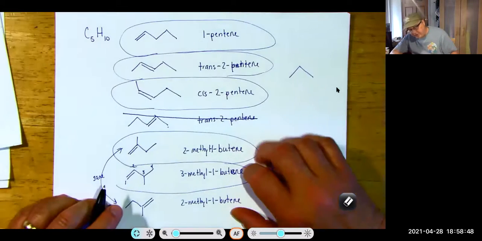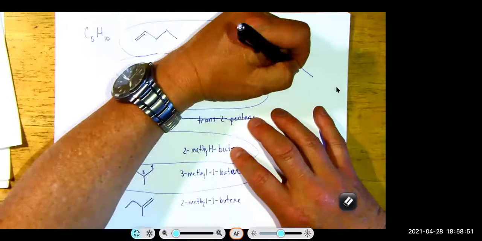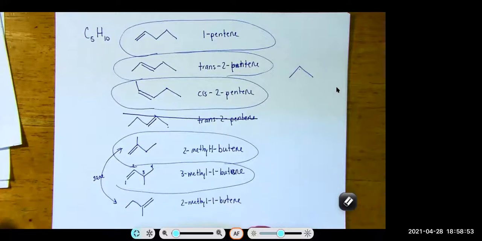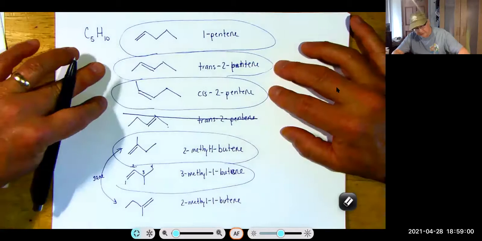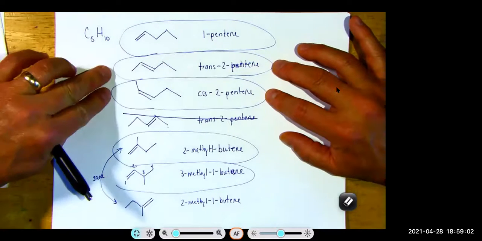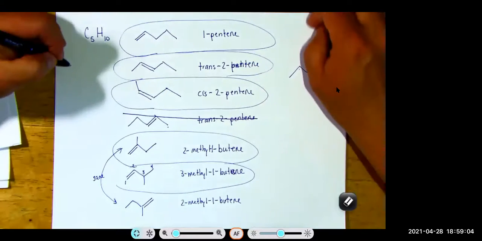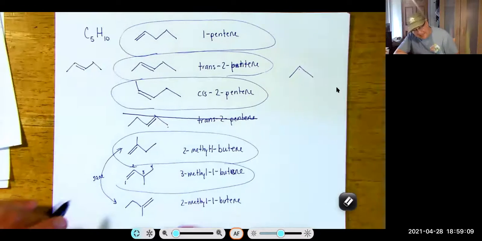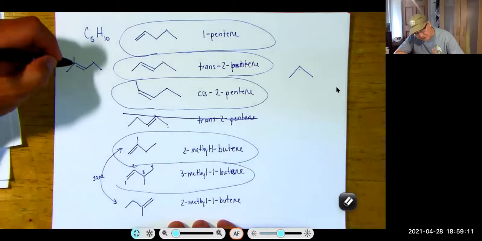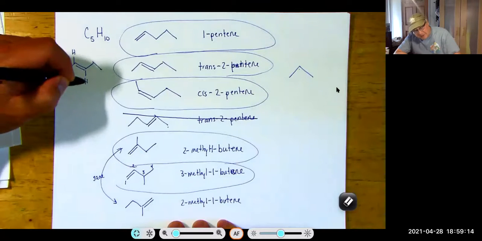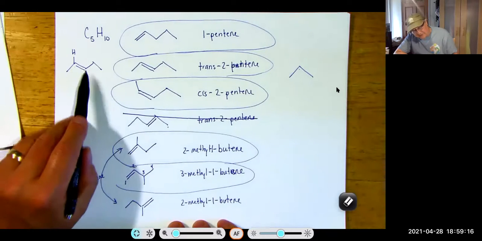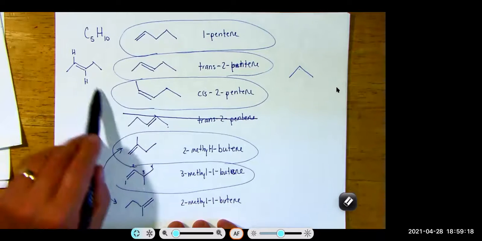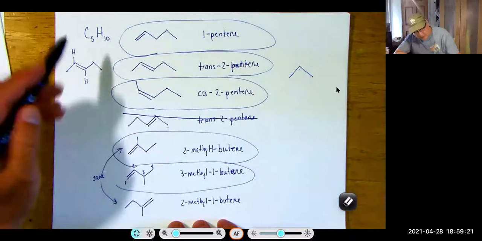So here's 3. I'm struggling to see the difference, or understand the trans and the cis between these two. Well, in that case, what you want to do is put the hydrogens in. Do you see how I want to make each of those trigonal planar? Does that look trigonal planar? Yeah. So that would be trans.